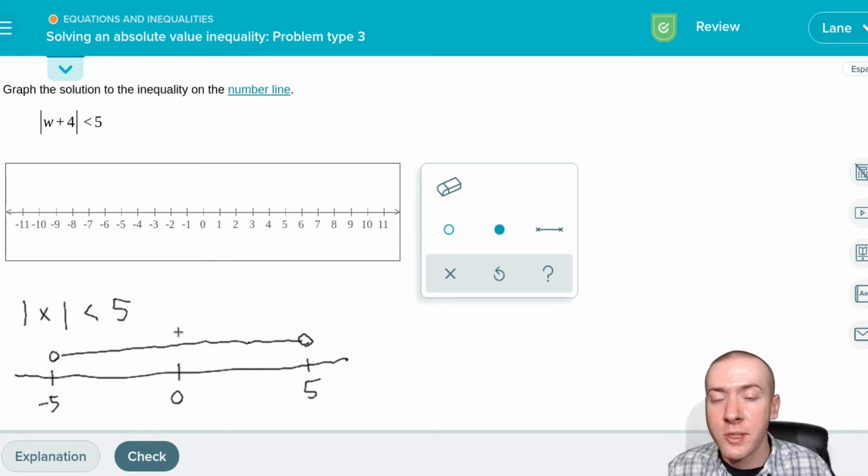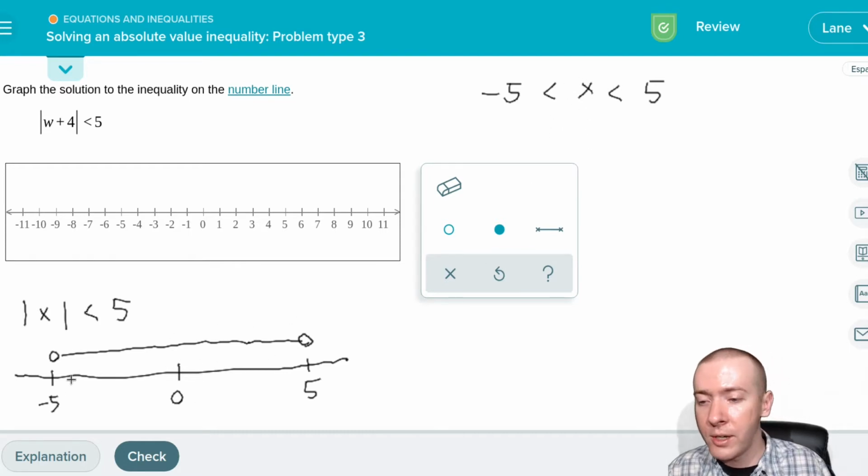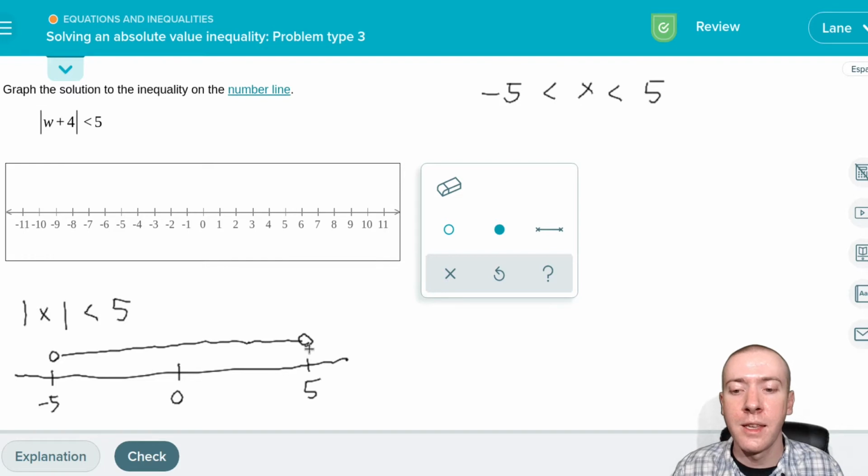Now I'm going to express the information in this graph a different way. These are the numbers that are between negative 5 and 5. So we could write that in an inequality like this, right? This graph shows us where x is greater than negative 5 and less than 5.